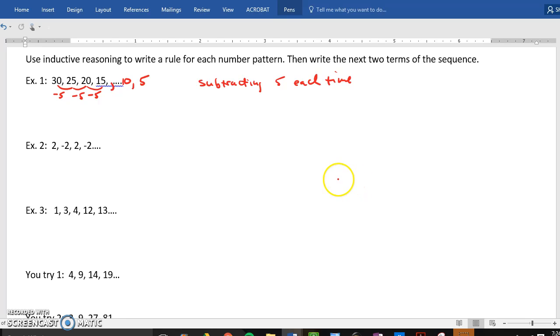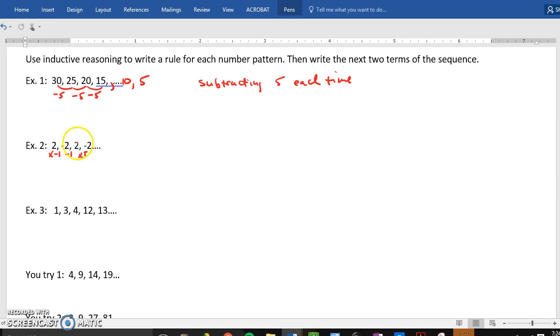Okay, example 2. We have 2, negative 2, 2, negative 2. What do we see happening here? Well, I like to say we're multiplying by negative 1 each time. So 2 times negative 1 is negative 2.